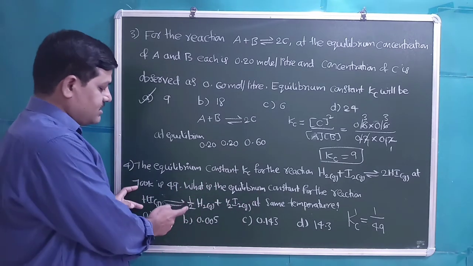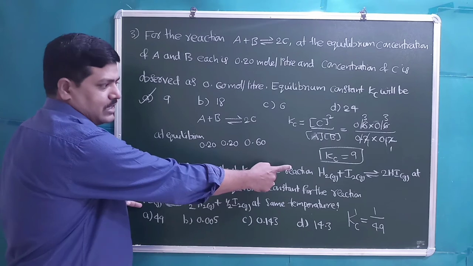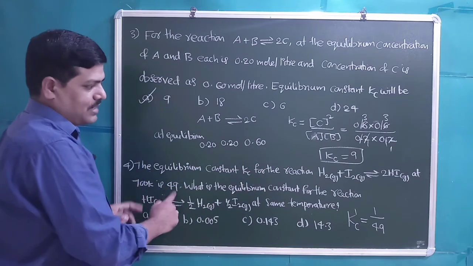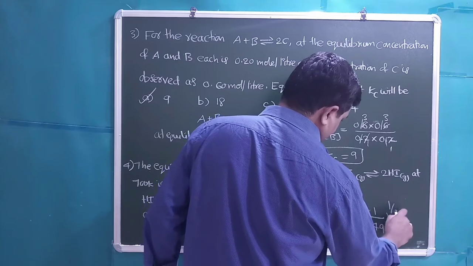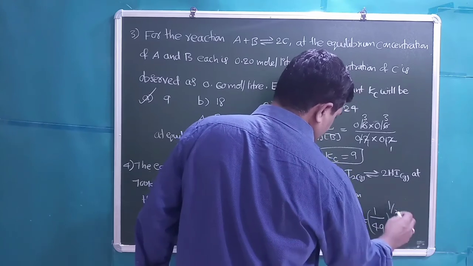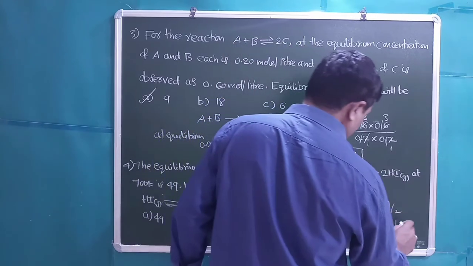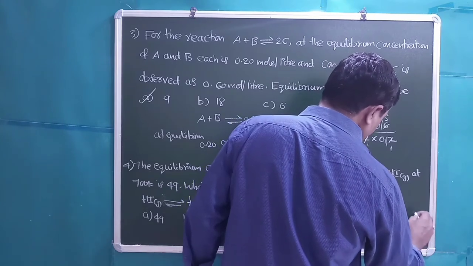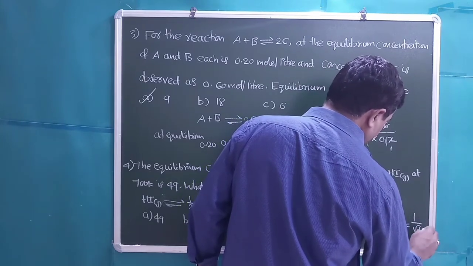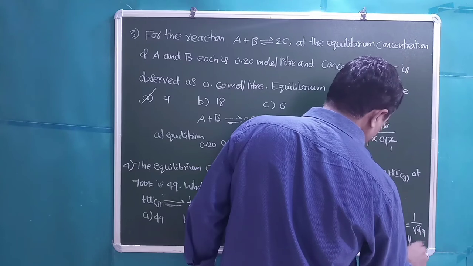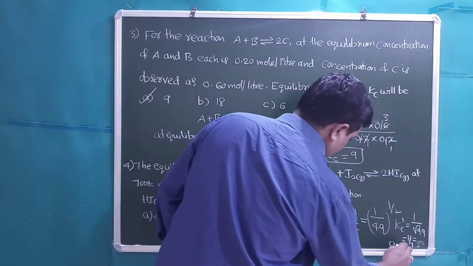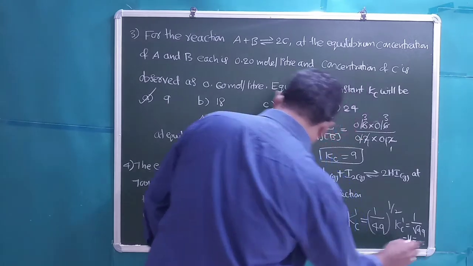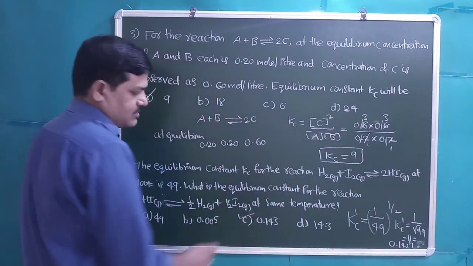And to get this equation, we are reversing the first equation and multiplying with 1 by 2, so this is to be raised to the power of 1 by 2, which is nothing but the square root. So Kc dash is equal to 1 by the square root of 49, which is 1 by 7. On simplifying this, we get 0.143, right? Which is given in option C.